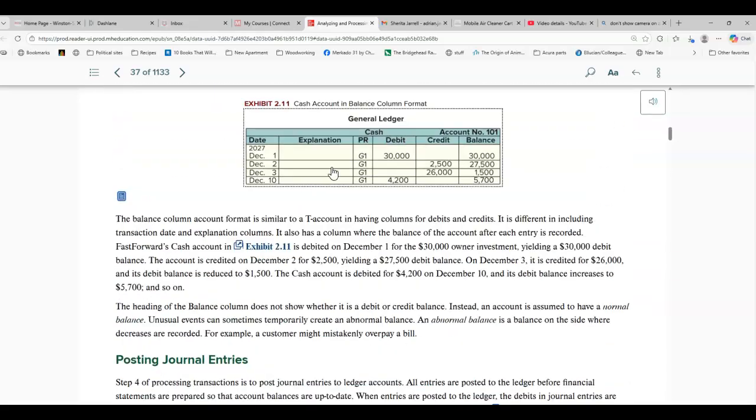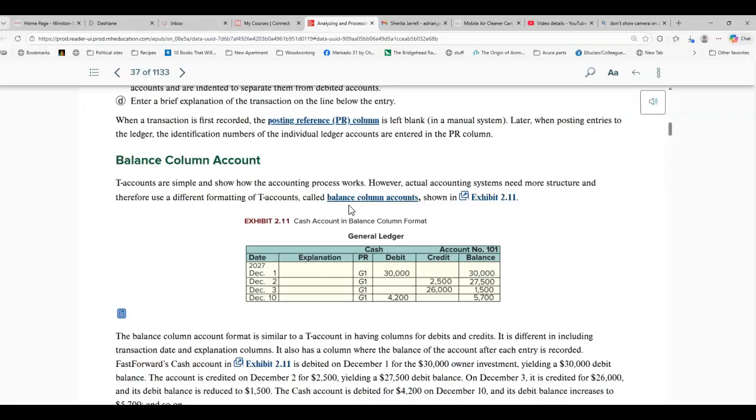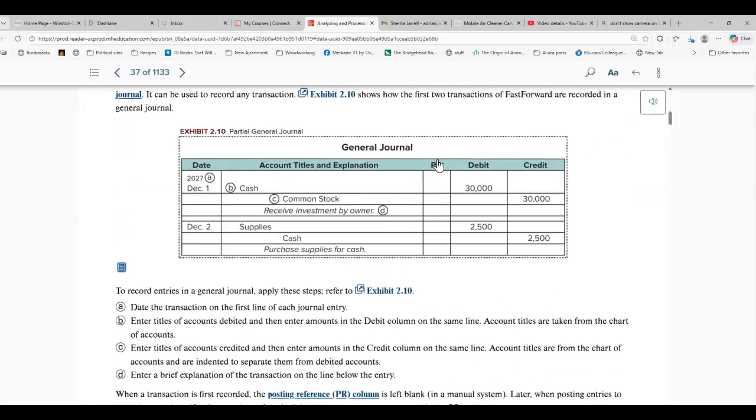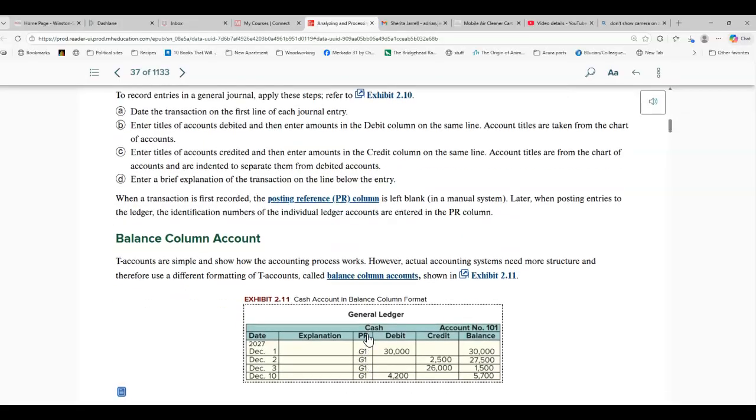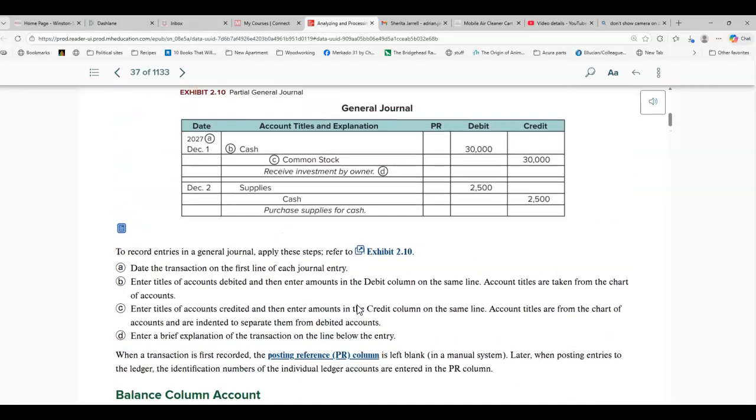Posting journal entries, and that's what PR means, posting reference. In the journal, you see we have a PR label here and a PR column here in the ledger.